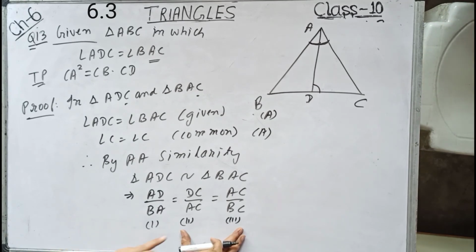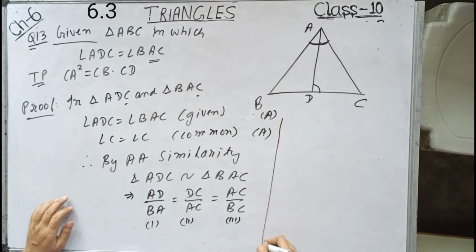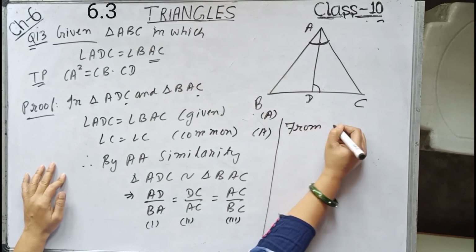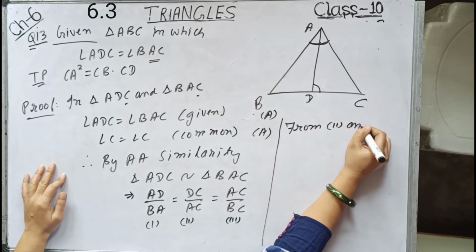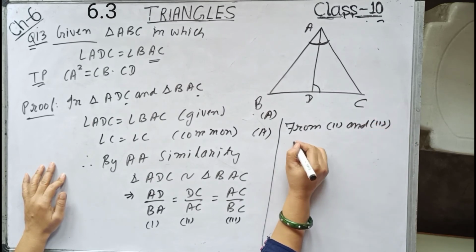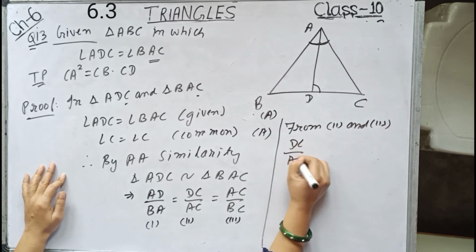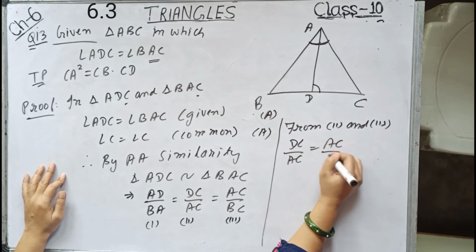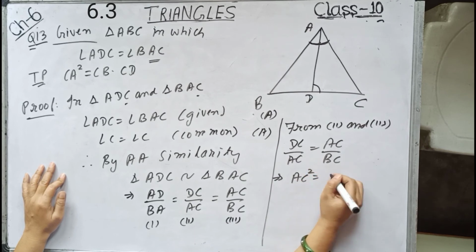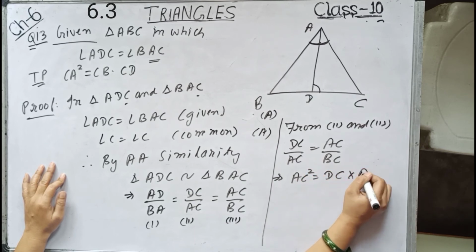Now over here from equation 2 and 3 we will be proving. So from 2 and 3, DC by AC equals AC by BC implies AC square equals DC into BC.